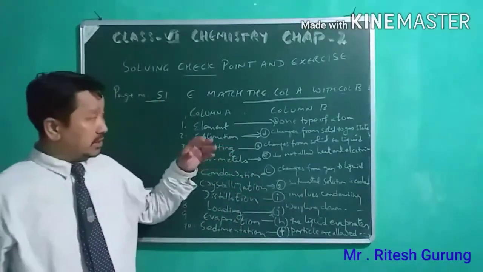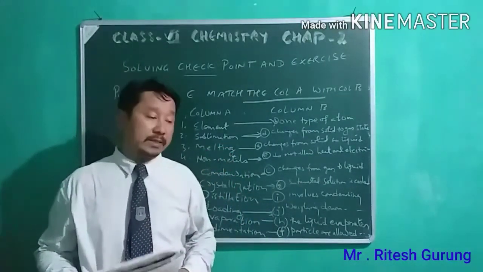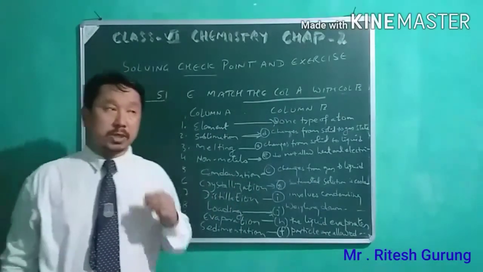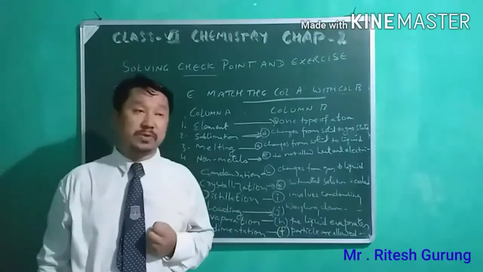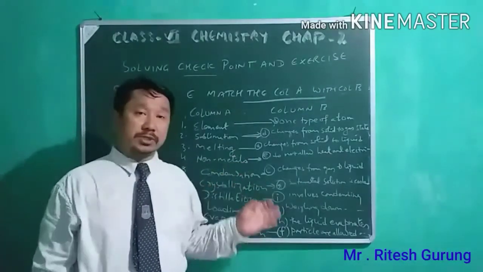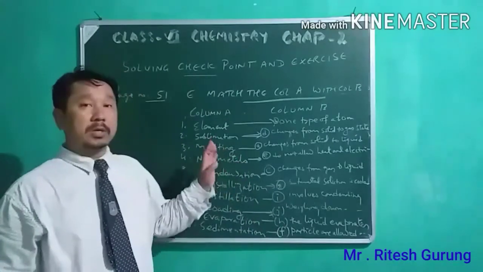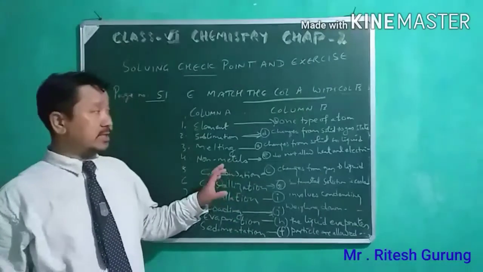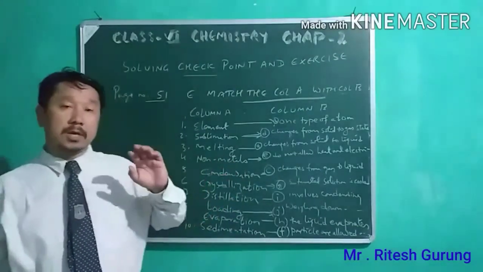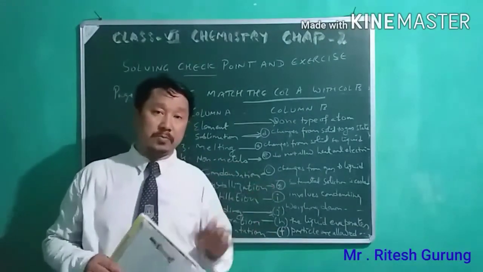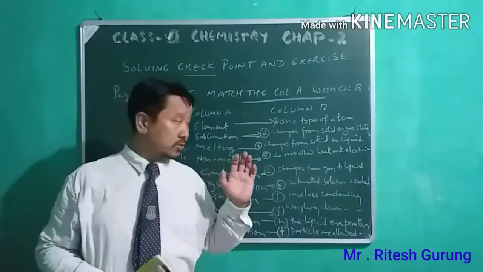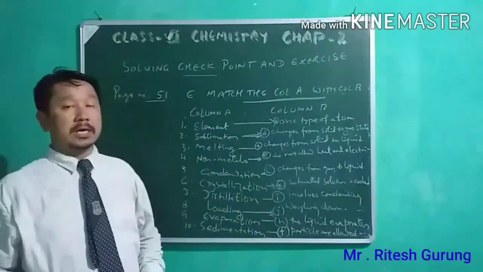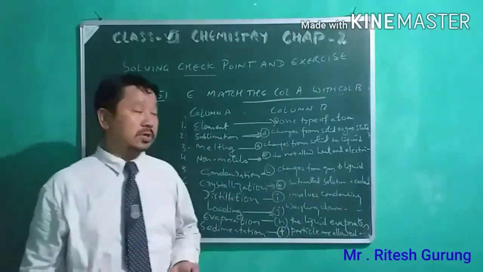I think this way of solving serves the purpose, meaning you must have understood, and also you have got the answers, not only in your copy or book, but also in your brain, because by way of discussing, I believe you must have understood a lot.